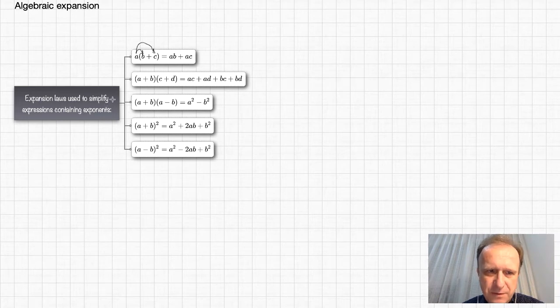So let's look at the second law. This second law is perhaps the most complicated, but actually the most natural, and there is the same way how to proceed when you have to multiply two brackets.